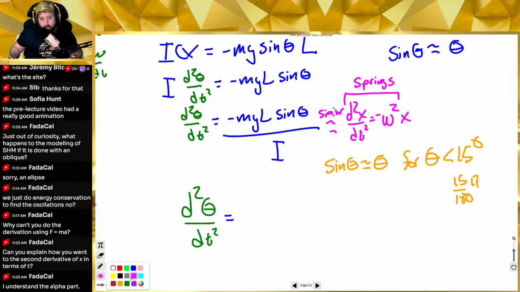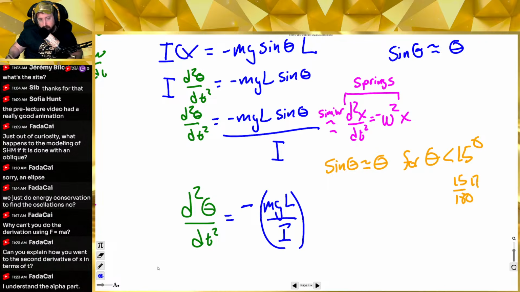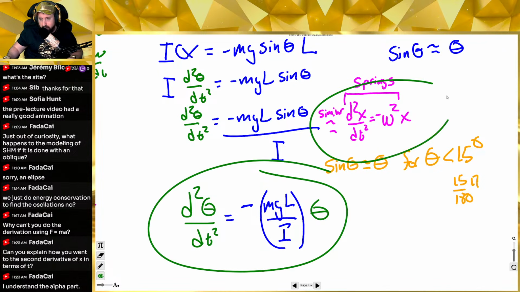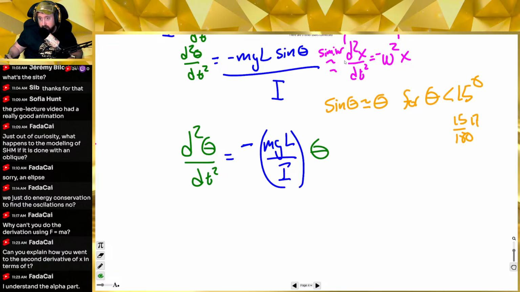This is equal to negative, and then this is going to be mgl over I, right? And then this is going to be theta. This looks the same as this, and thus we can say that omega squared is equal to mgl over I, all right?